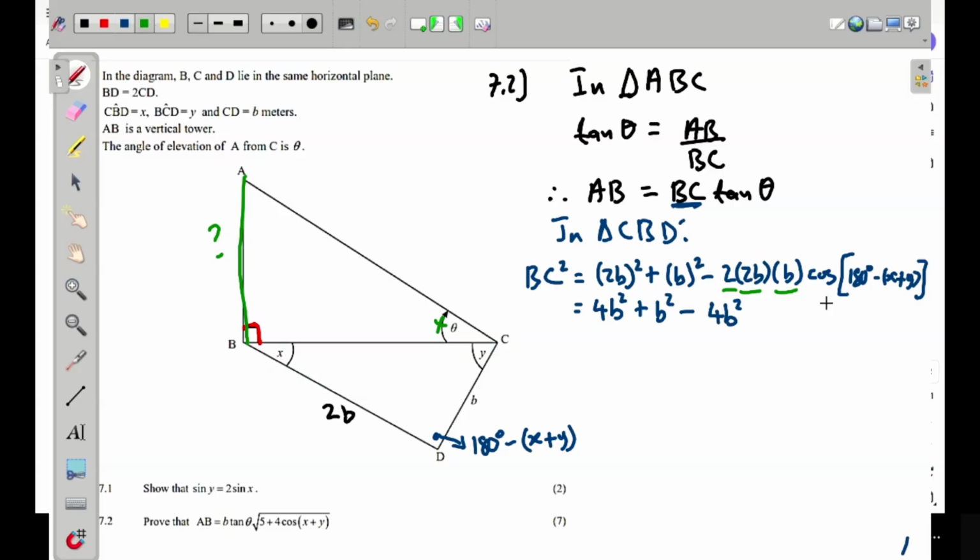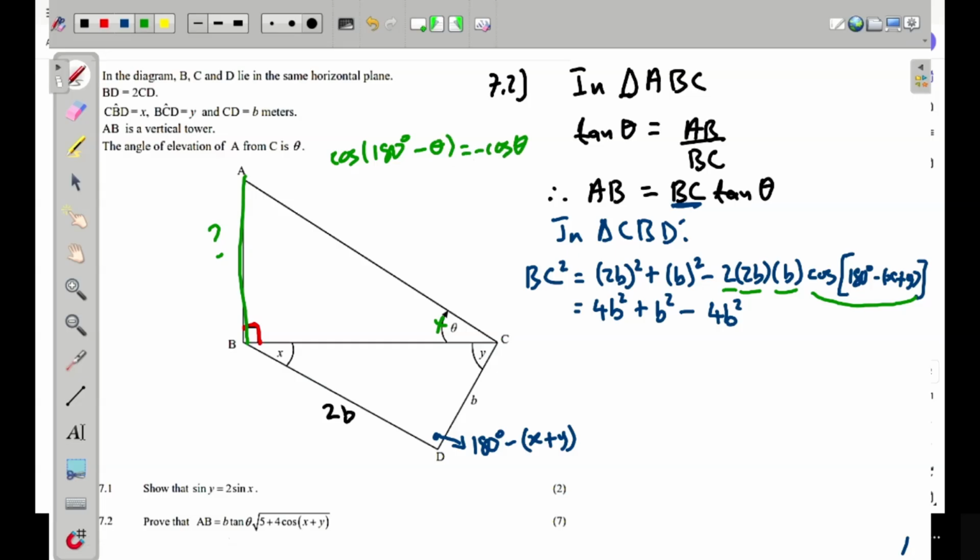Now, let's quickly discuss cos of 180 minus the sum of x and y. If you remember your reduction, and this is the one thing that I like about 2D trigonometry, because it brings your geometry and your trigonometry together with your algebra as well. So if you remember, we said cos of 180 minus theta is minus cos theta.